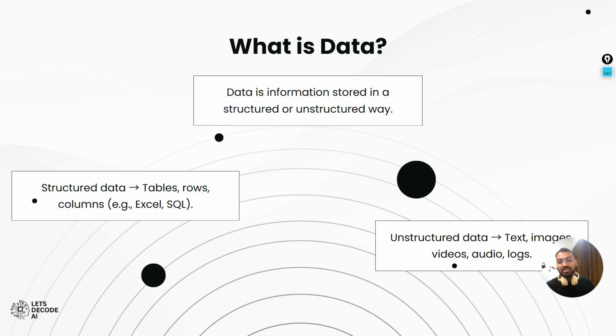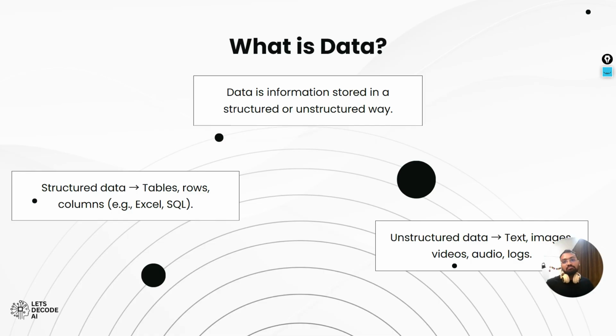For example, customer names, product prices, exam scores, student attendance, all of these different forms of information can be fit perfectly into a structured data. On the other hand, unstructured data does not fit into the conventional table.